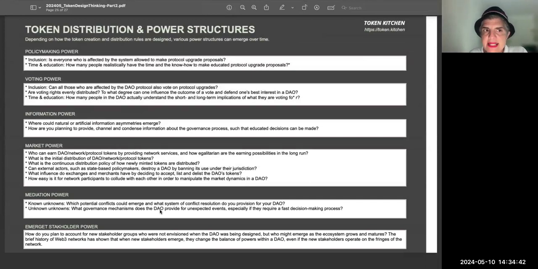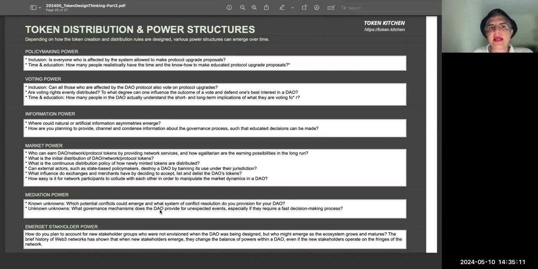Okay, last but not least, token distribution and power structures, the ethical and political considerations that were mentioned before. I forgot who mentioned that before. This is very important, because here we have different power structures that can emerge over time, and very often they emerge as unintended consequences of the token design.